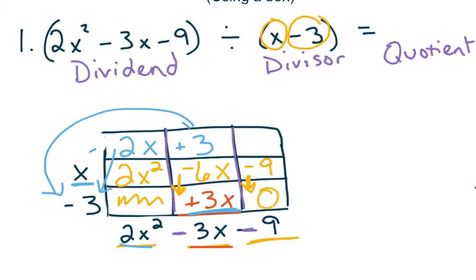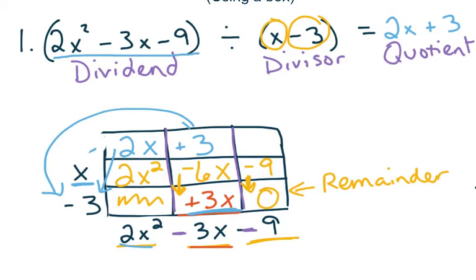That tells me my remainder, and I'm done. There's nothing else to do. I'm out of boxes, and I don't have anything left over. So, what does that tell me? That tells me that my quotient is 2x plus 3. So 2x squared minus 3x minus 9 divided by x minus 3 is 2x plus 3.